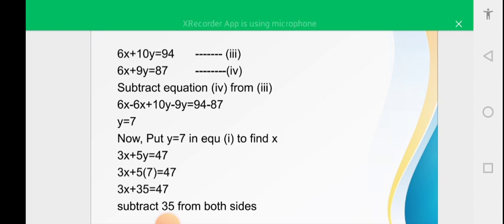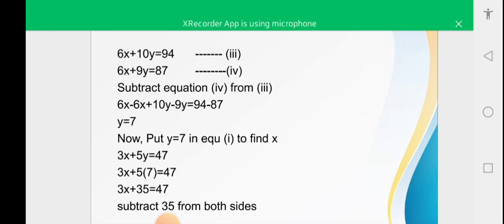Now in equation 3 and equation 4, the coefficients of x become the same, which is 6. So we look at the two equations to see which has the higher numbers. The coefficients of x are already the same, so let's look at y.